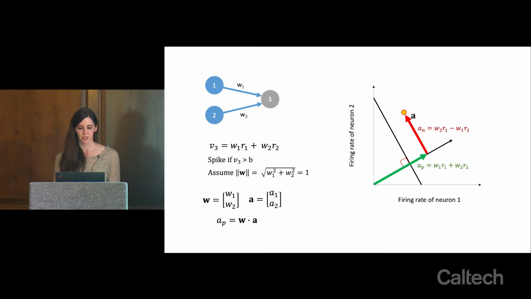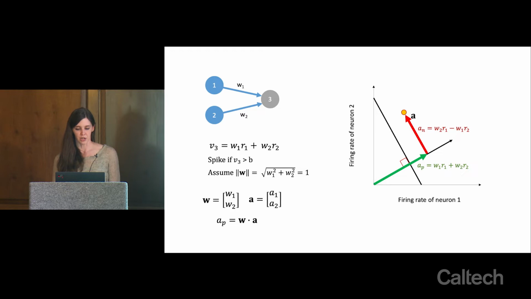You can compute the projection of neural activity into one direction, based on the weighted combination of the cell firing rates, and you can define the location of this point A, instead of the firing rate of neuron 1 and firing rate of neuron 2, in terms of the potent dimension, the weighted sum of the cells' firing rates, and the null dimension, which is the orthogonal dimension to this potent one. To find that orthogonal dimension, you just find a vector that is perpendicular to the vector defined by these synaptic weights.